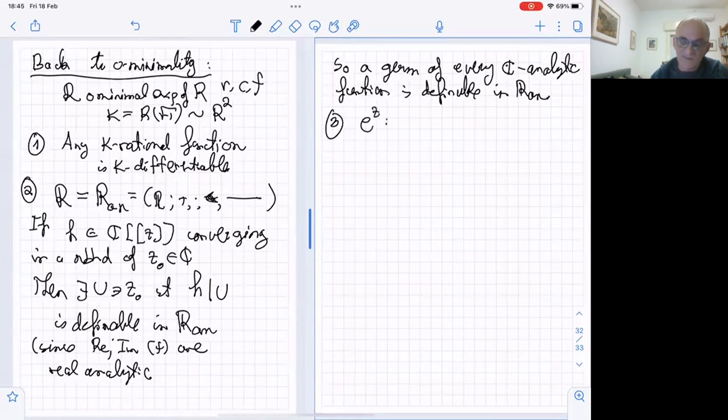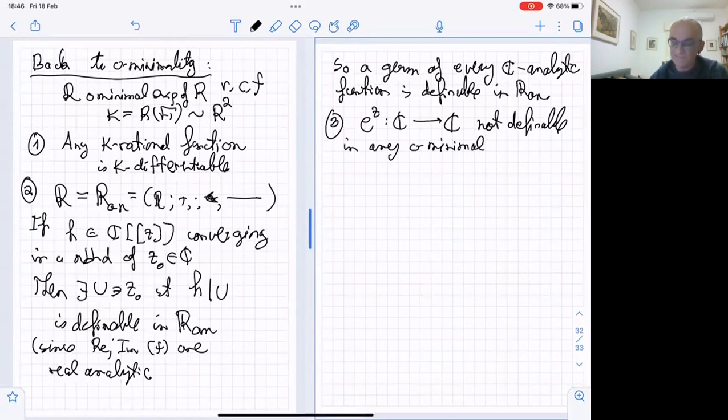Let's look at e to the z from C to C. And I think you all know that it is not definable in any o-minimal structure. But in order to write some full proof of something, let's write a proof of the following, slightly stronger statement.